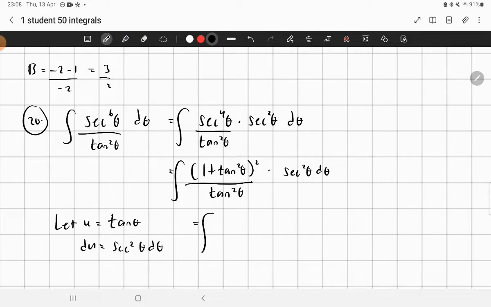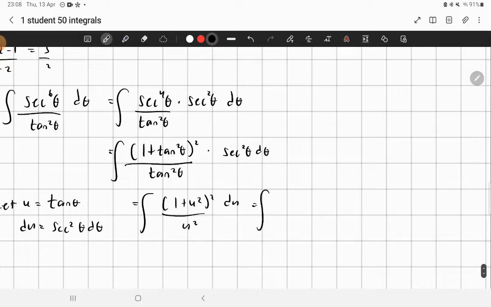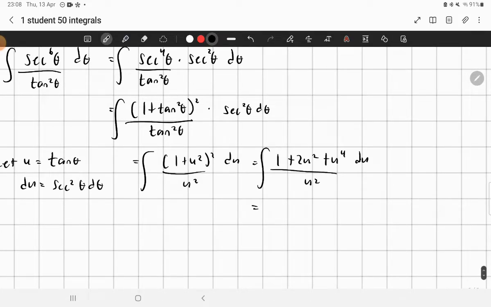So this will be 1 plus u squared to the power 2 over u squared du. We could solve this by expanding the numerator. It will be 1 plus 2u squared plus u to the power 4 over u squared du. And I believe you could separate them. So it will be 1 over u squared plus 2 plus u to the power 2 du.